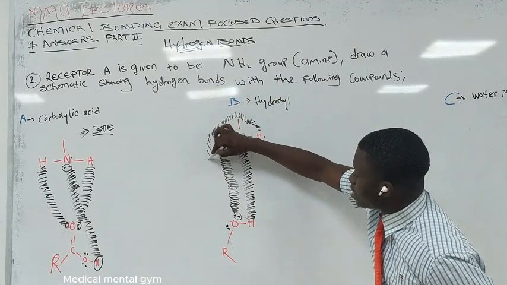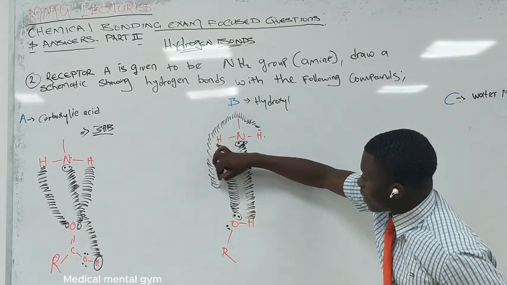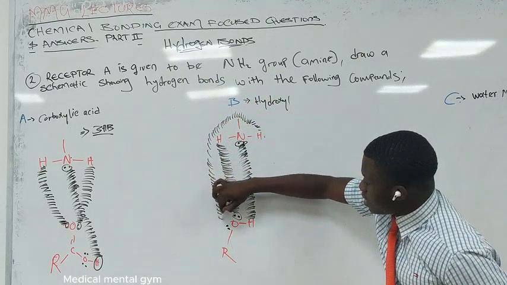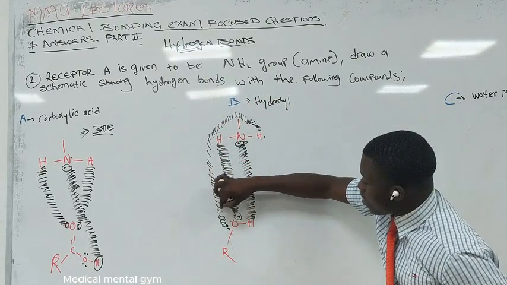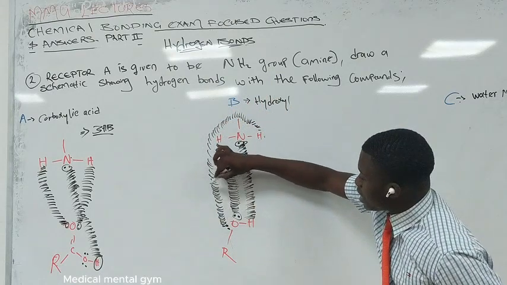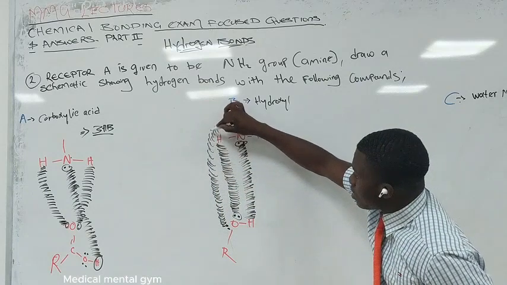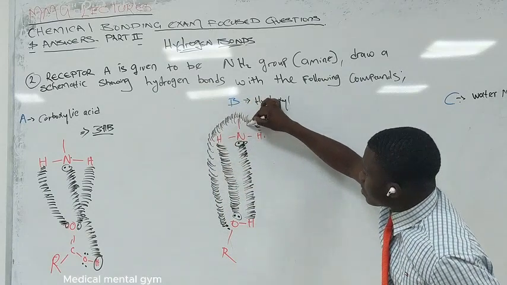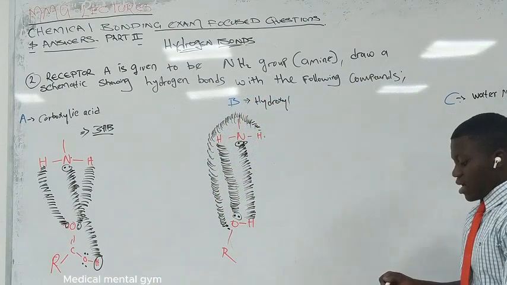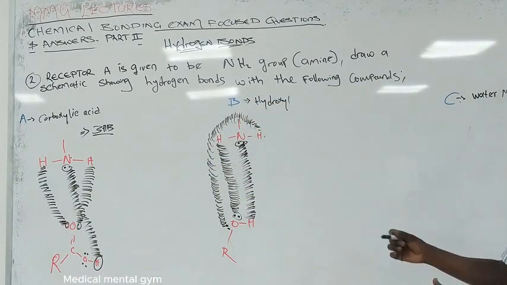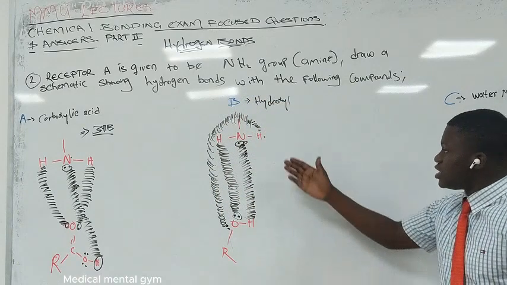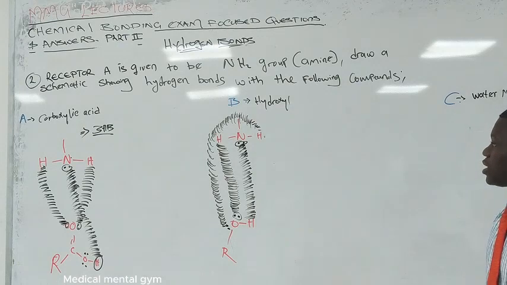Follow it properly, guys, as I illustrated. So this will be our 3rd hydrogen bond. Thus we have no other hydrogens present to form hydrogen bonds.